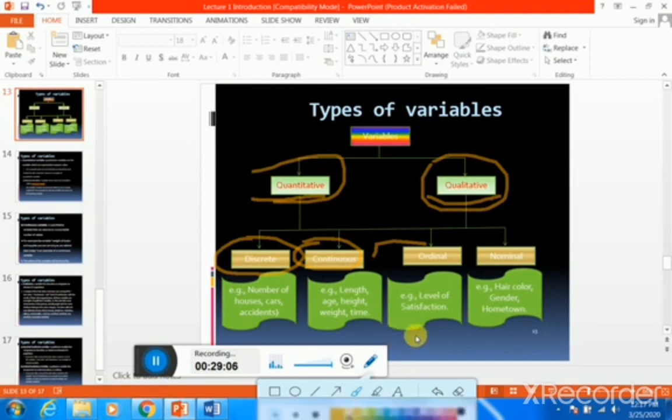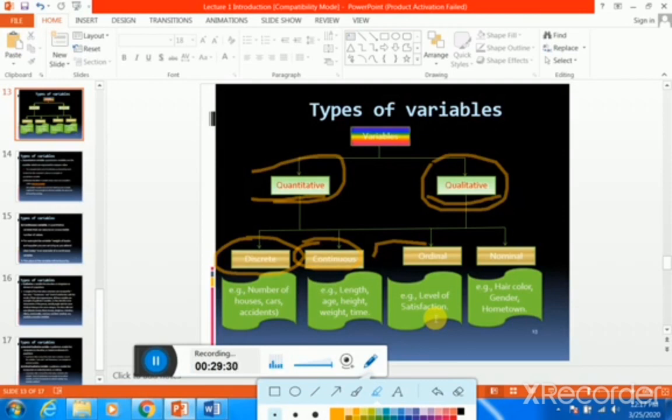That which is level of satisfaction. Let's suppose you take a Samsung mobile. You want to make a survey and find out how many people are satisfied, and how much satisfied they are with the Samsung mobile or cell phone.